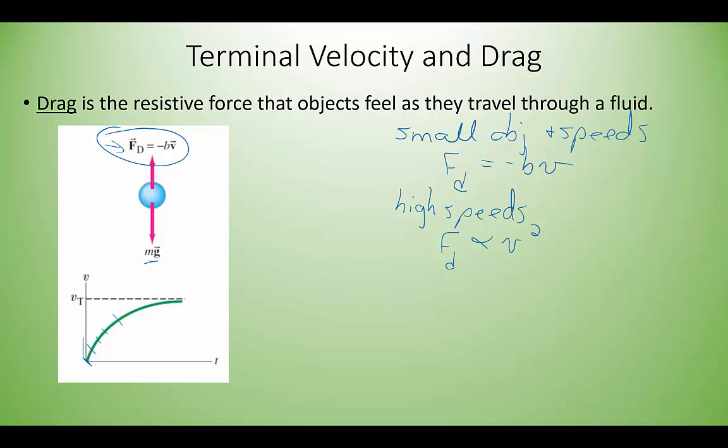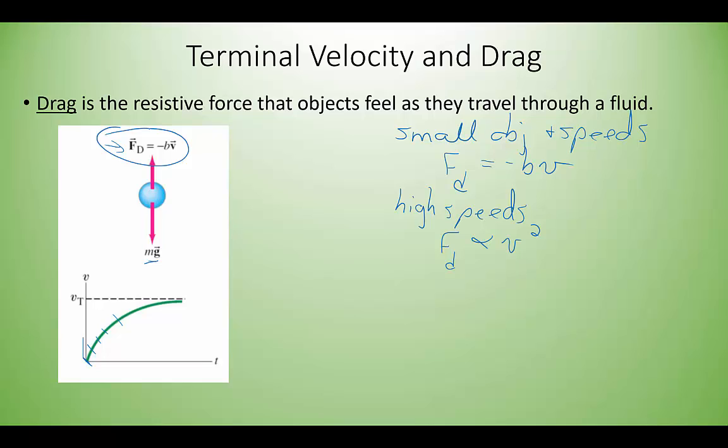And so this is a give and take sort of situation where gravity is pulling down and trying to make it go faster, and the drag is trying to slow it down. Again, for small objects and speeds, the drag will be proportional to the speed of the object. If it's high speeds, then the drag is proportional to v squared.